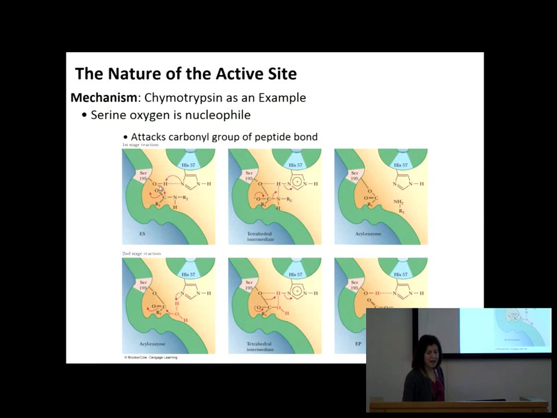So what we have here is our substrate. Right here, this is the substrate. Serine has an OH. It's actually CH2OH. Histidine has this ring with the nitrogen on it. And in this amino acid, we have some hydrogen bonding going on to maintain the tertiary structure.